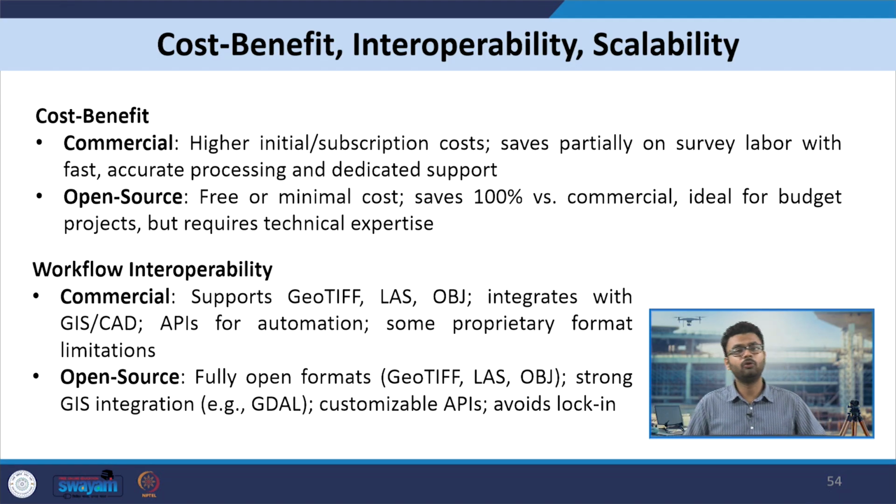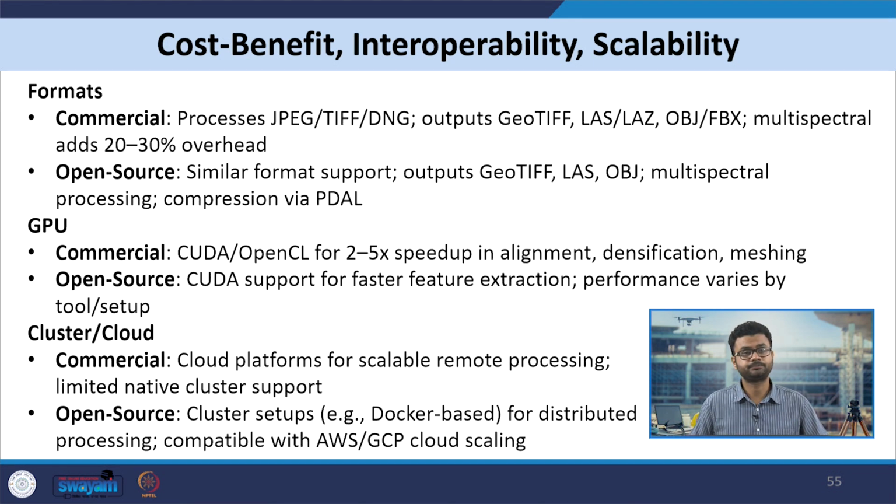On the other hand, open source softwares provide very open workflow interoperability. So they support all the open formats, .geotiff, .las, .obj, and they also give strong GIS integration as well as customizable API, and they avoid locking in into a particular software. So you have more options and you're more open to try out different softwares in open source.